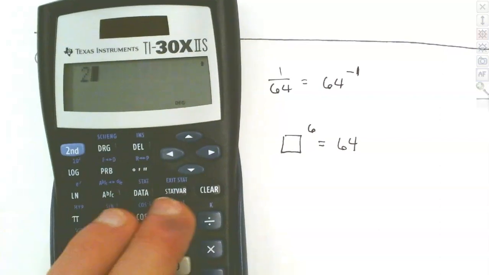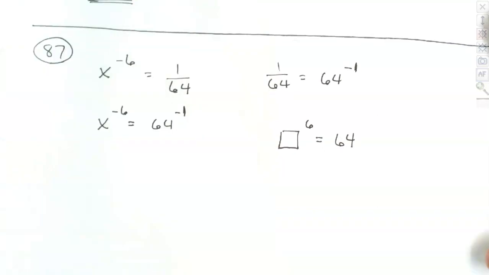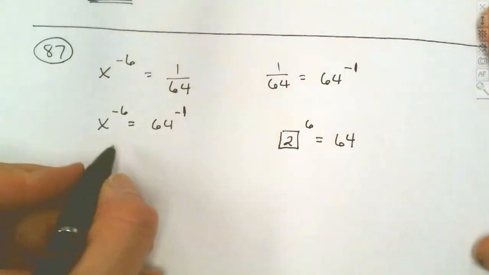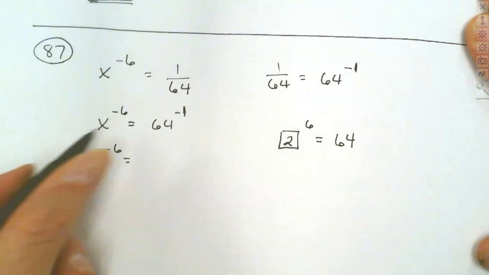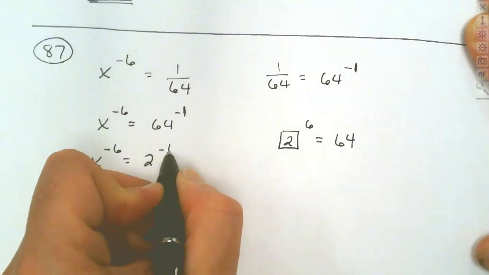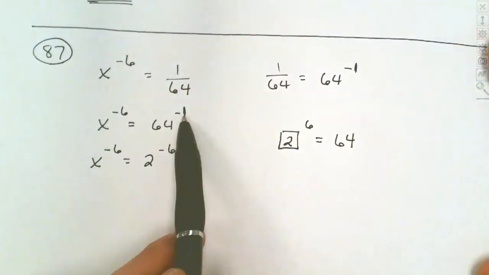Okay, 2 raised to the 6th power. What does that give you? 64. And that's what we want, right? So we can now use the 2 here. So that gives us x to the negative 6th equals 2 to the negative 6th power. We flipped it over so it became negative. That was our first step.